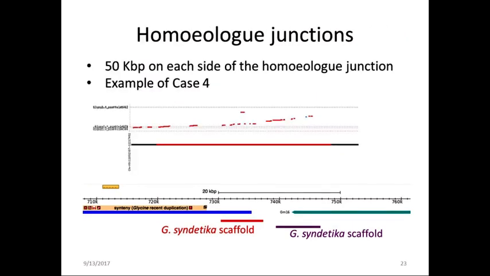So we went through the data and we found some nice cases. This is case 4, where we have 2 scaffolds that cover the junction. This is one scaffold right here that covers, and you can see suddenly right here, it switches to a different scaffold.